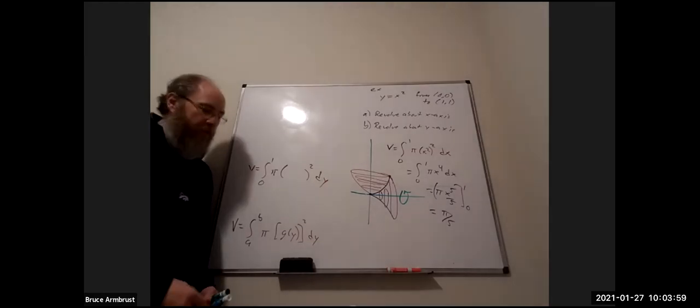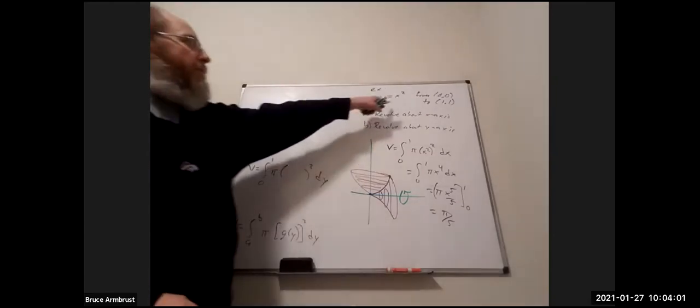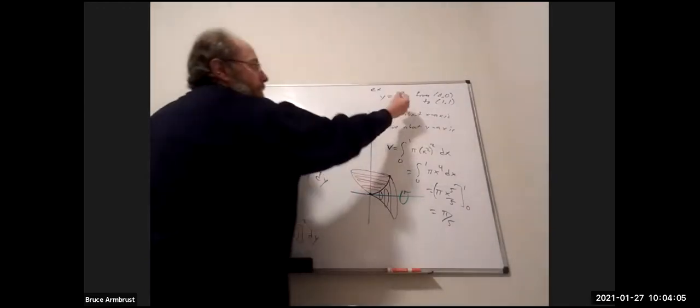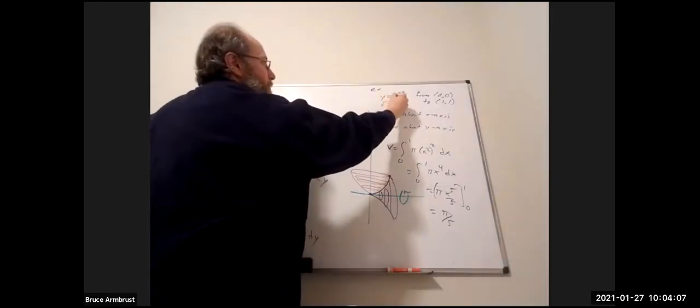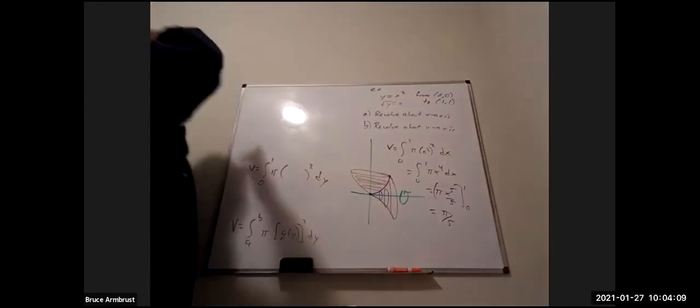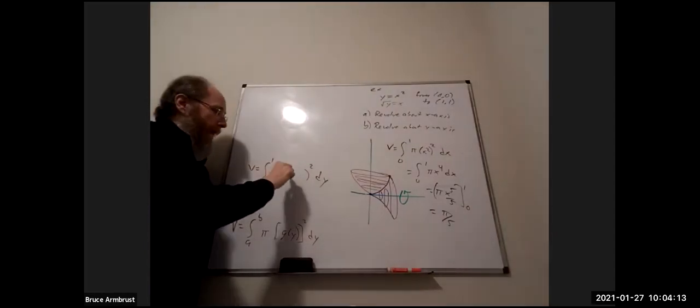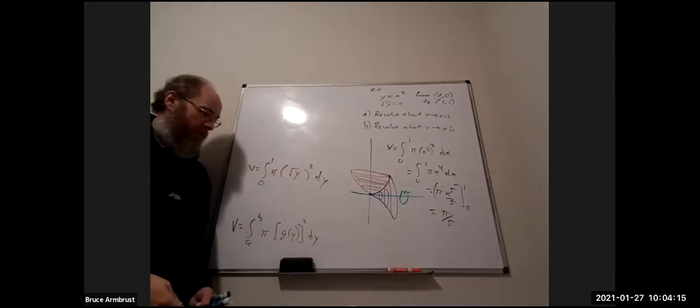If I want it as a function of y, I have to take this equation and solve it for x. So if I just take a square root, I get that x is equal to the square root of y. And that's what's going to go in there.